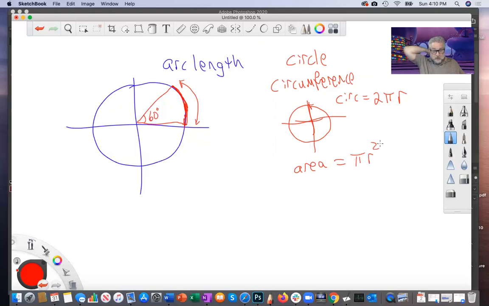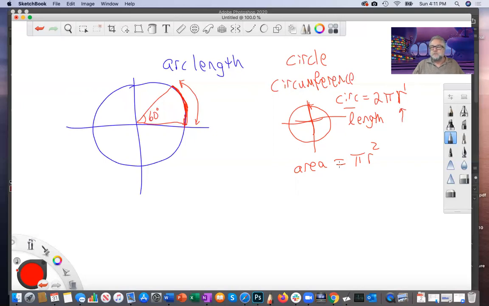Now, people struggle with remembering which one to use. I want you to think about circumference as a unit of length. It's like feet or inches or meters. And so it's length to the first power, so it's just meters to the first power. So there should be radius to the first power.